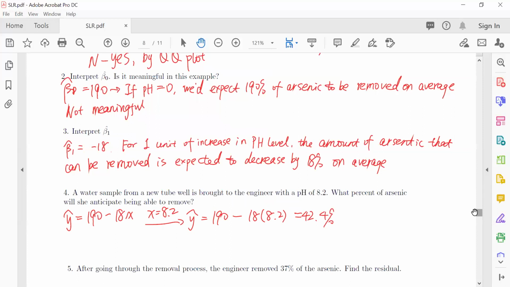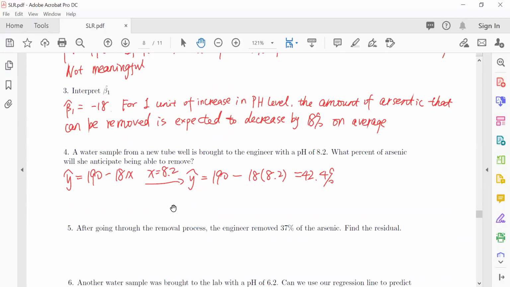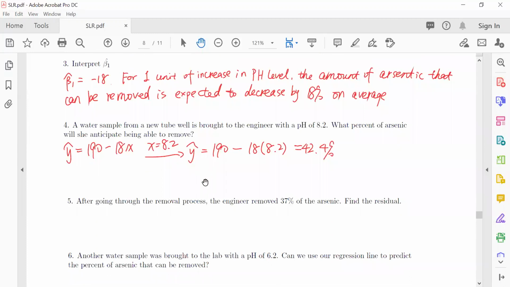Please note this is meaningful because x equal to 8.2 is within the range of our data. So this is the predicted value of y. After going through this process, the engineer actually removed 37% of the arsenic.